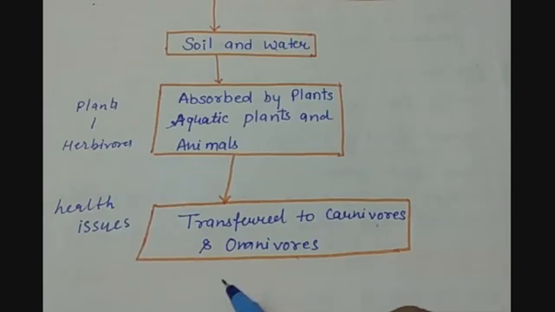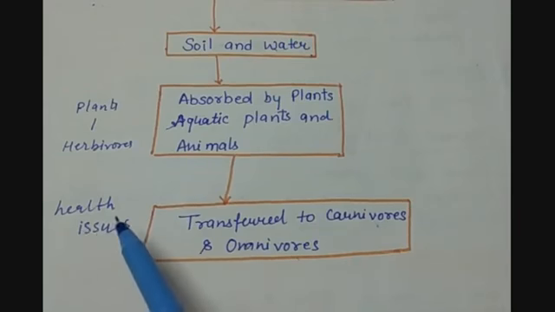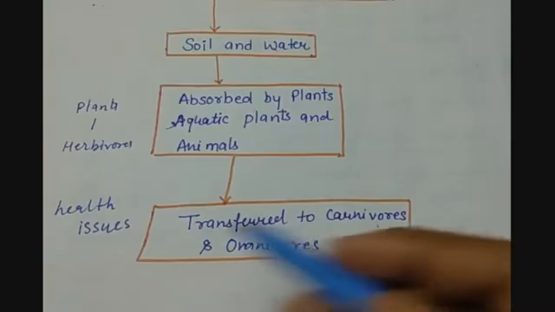We cannot protect ourselves from being affected by these harmful chemicals, but by regulating the pesticide level in different food items, that can reduce the severity of this effect or these kinds of diseases.